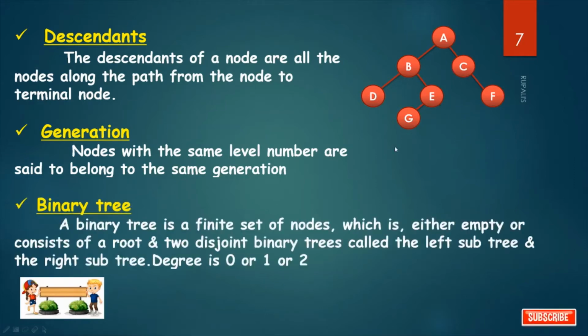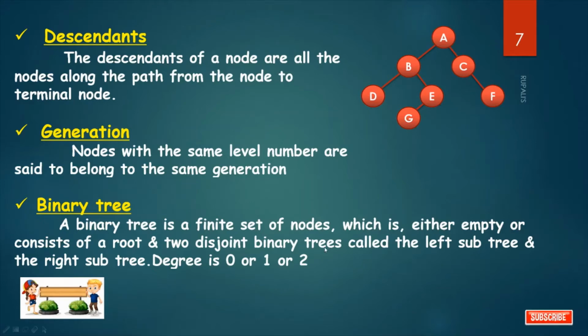Binary tree. A binary tree is a finite set of nodes. Finite set of nodes means what? In mathematics, a finite set is a set that has a finite number of elements, which is either empty or consists of a root and two disjoint binary trees. So, either empty, or there may be only a single node, or it consists of a root and two disjoint binary trees.